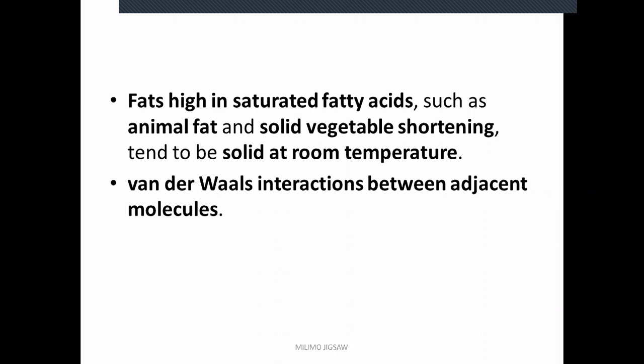These interactions tend to make the substance more solid at room temperature by limiting the motion of the molecules, and hence fats that are high in saturated fatty acids will be solid at room temperature.